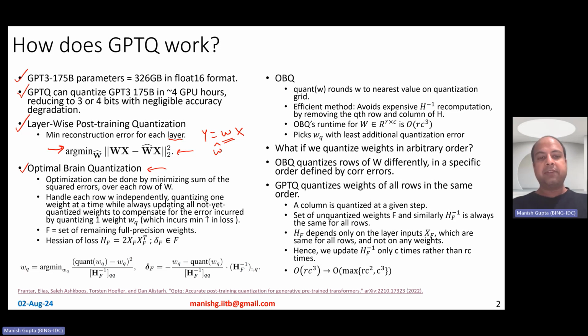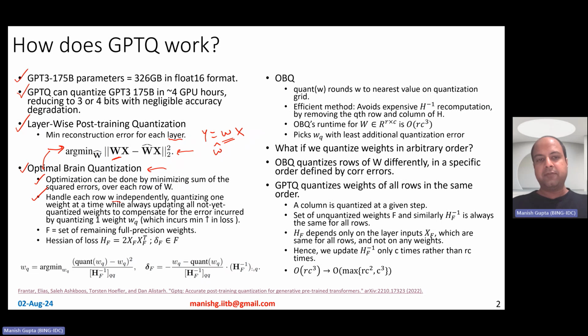In this method, what is shown is that if you want to quantize this entire weight matrix W, you can quantize it row by row. This optimization can be done by minimizing the sum of squared errors over each row of W. So you handle each row of W independently of other rows, and you can quantize one weight at a time in every row.